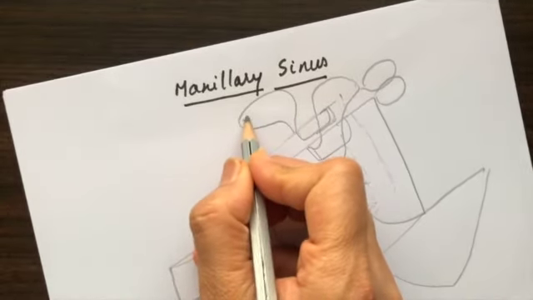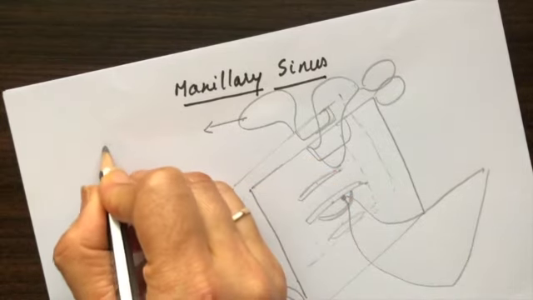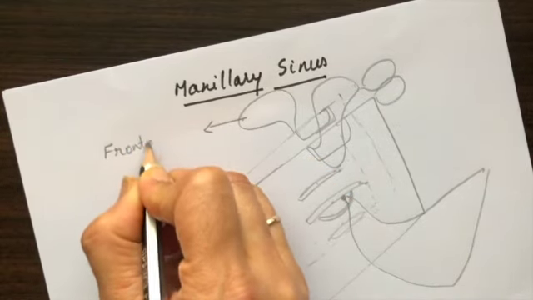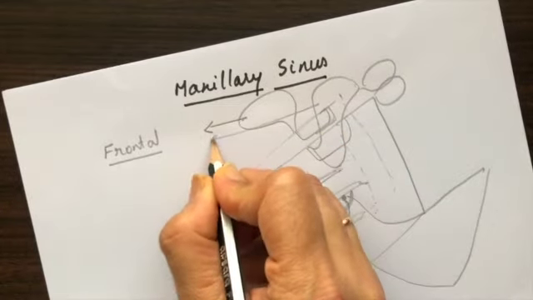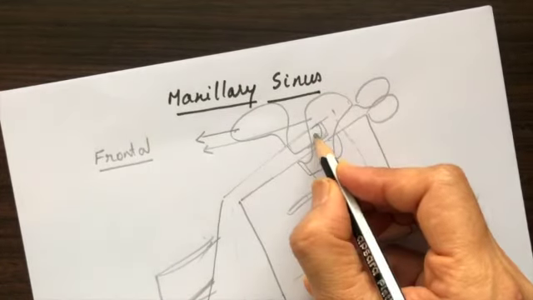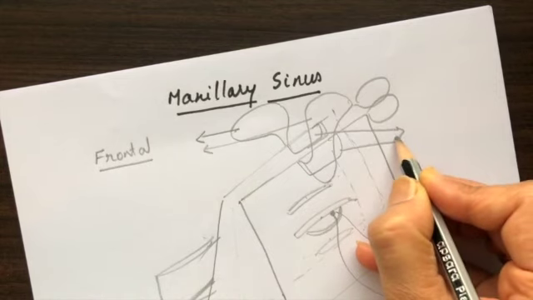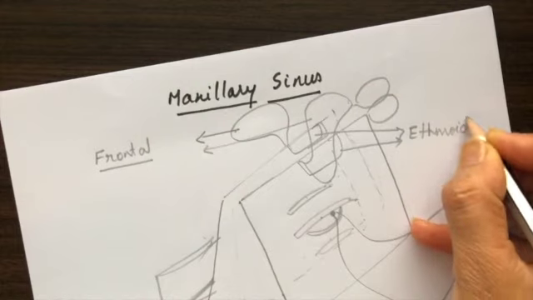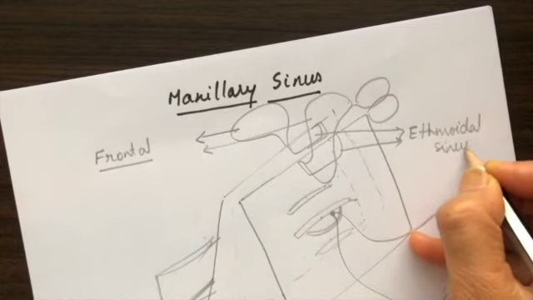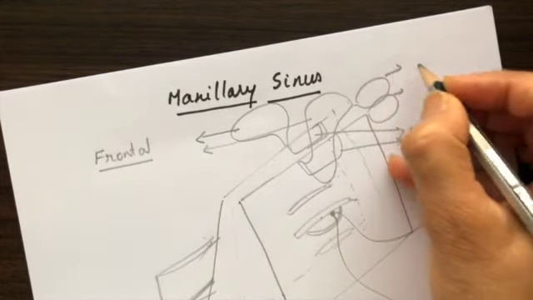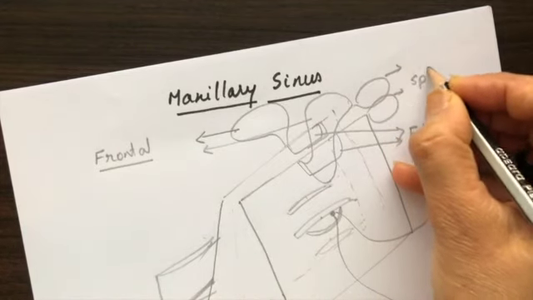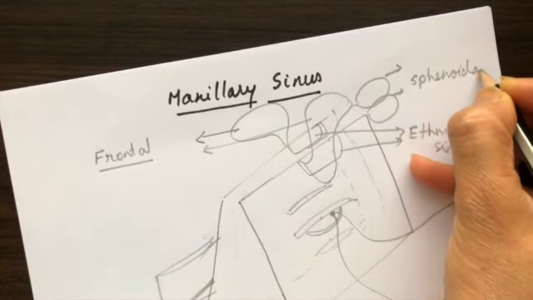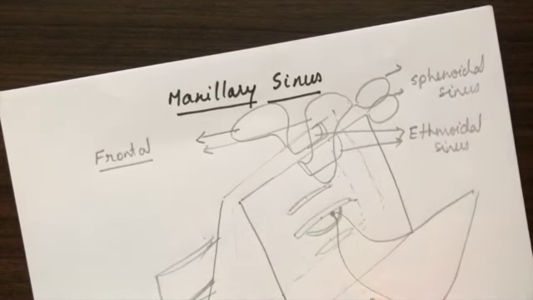So drawn here, this is the first one, that is the frontal sinus, a pair of frontal sinus, then a pair of ethmoidal sinus, then a pair of sphenoidal air sinuses, then we have a pair of maxillary air sinus.